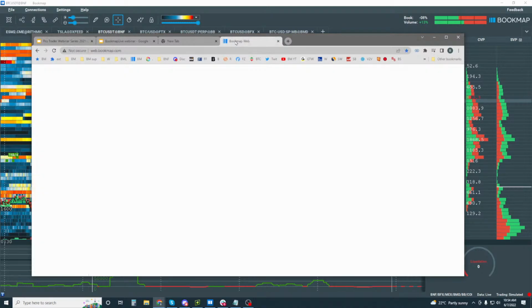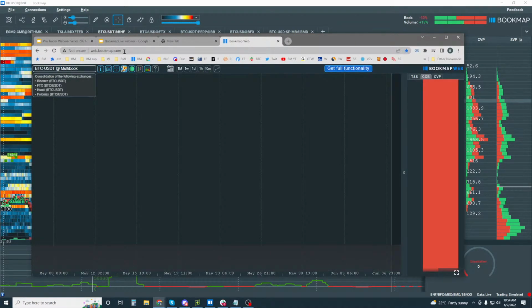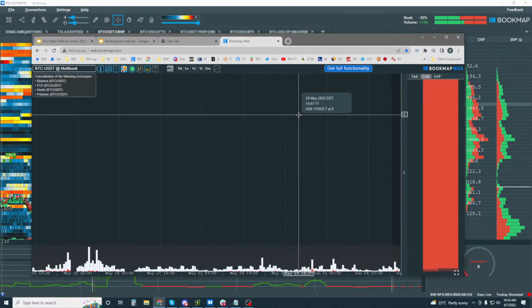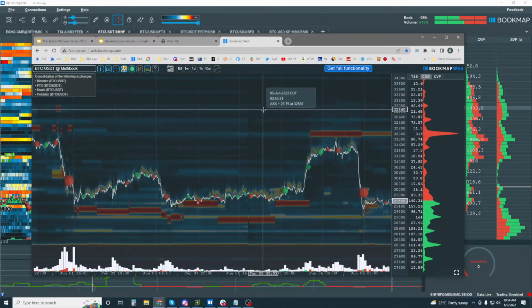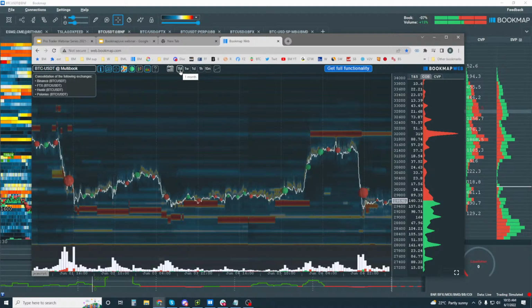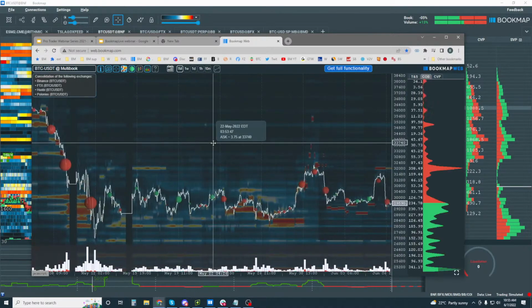Here we go. You can go to web.bookmap.com. It's open, it's free, it's running, and here I'm looking at a month of data.